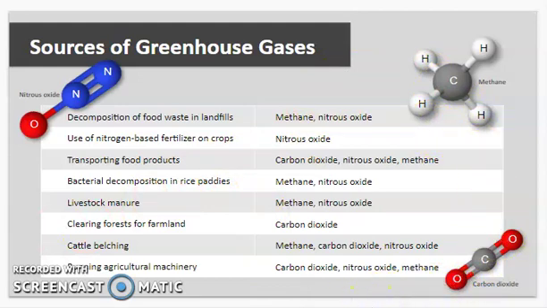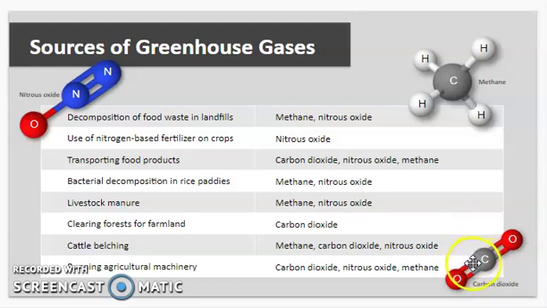Bacterial decomposition in rice paddies, not something that we worry about here so much, but that is a factor worldwide. Livestock manure is what we're going to focus on a little bit more, or livestock in general. They are emitting methane and nitrous oxide. When we clear forests for farmland, which happens a lot in lesser developed countries near the equator, carbon dioxide is a gas that's produced.